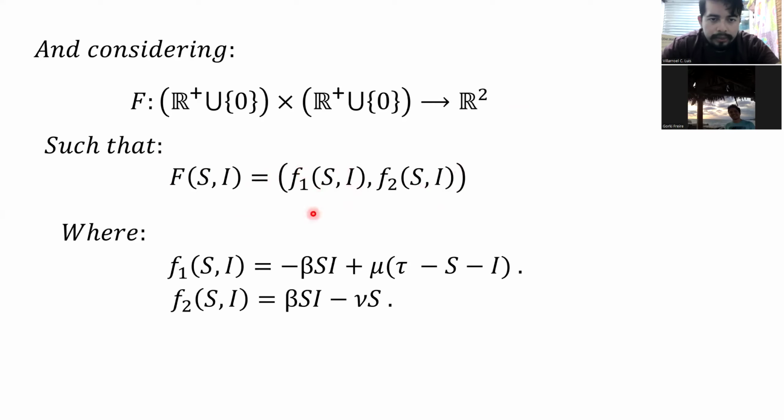This function goes to R and this function goes to R again. Defining our differential system, f1 equals minus beta si plus mu times tau minus s minus I, and the second scalar function is beta si minus bs.